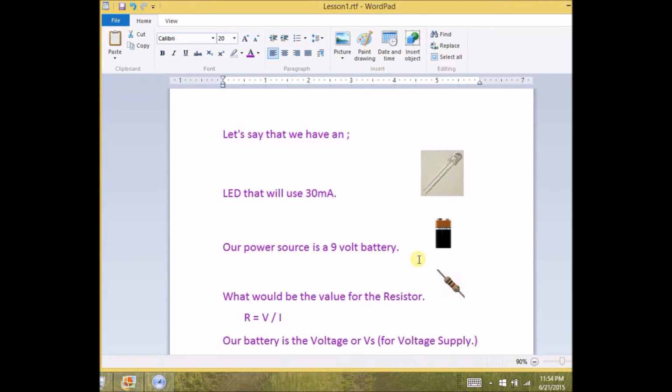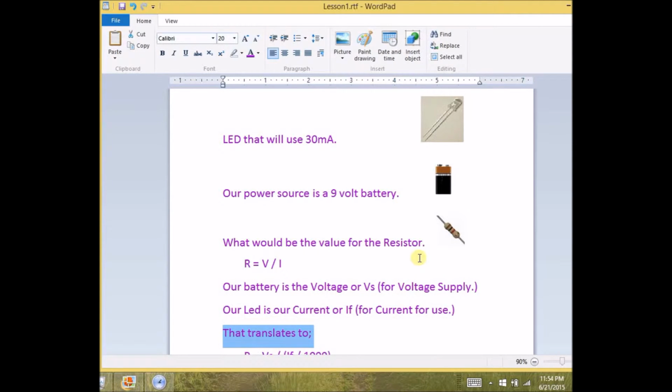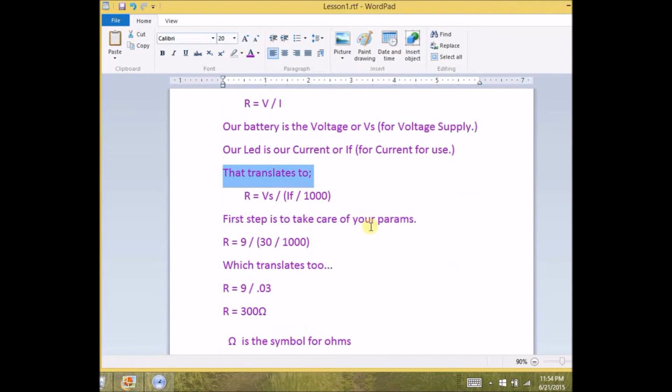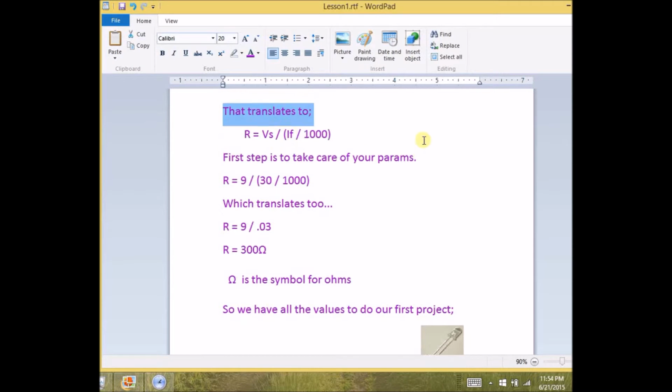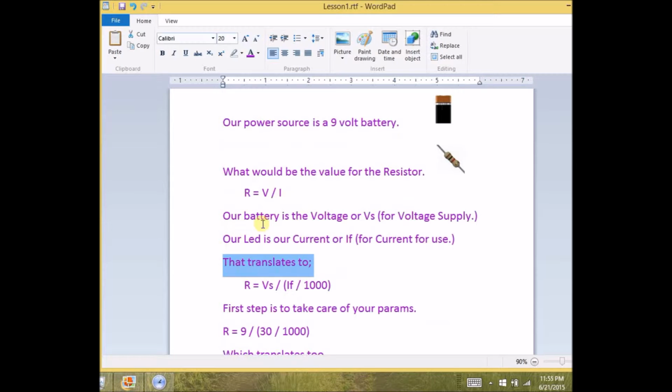Okay, so now that we have that figured out, we're going to go ahead and go down to the calculations. So, our resistor equals VS, which is voltage supply, divided by IF, the current for use, divided by 1000. This is what this is explaining.